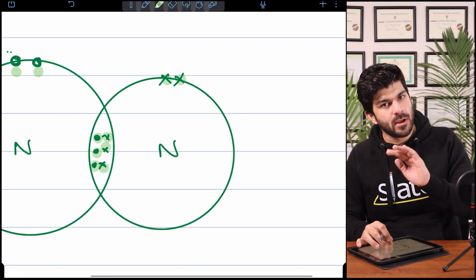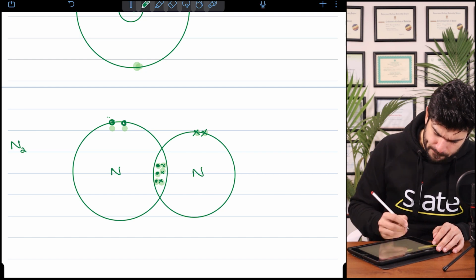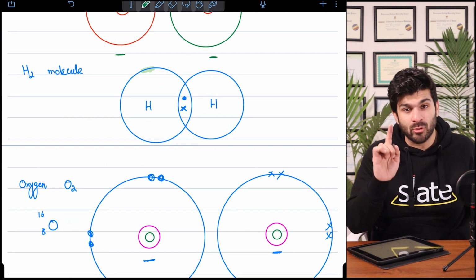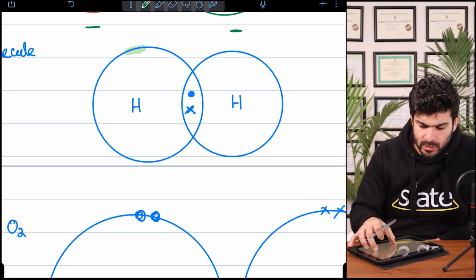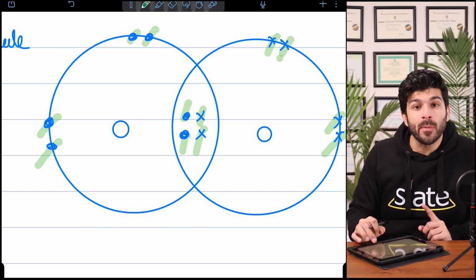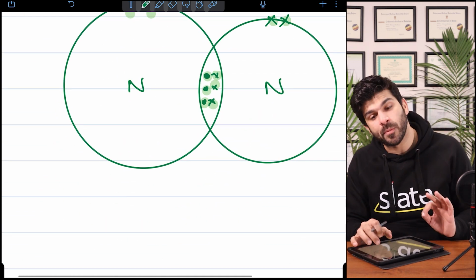So 8 electrons filled. What is the difference in the first 3 examples that we've done? Here we see that only 1 electron pair is being shared for hydrogen. For oxygen, we see 2 electron pairs are being shared. And for nitrogen, 3 electron pairs.